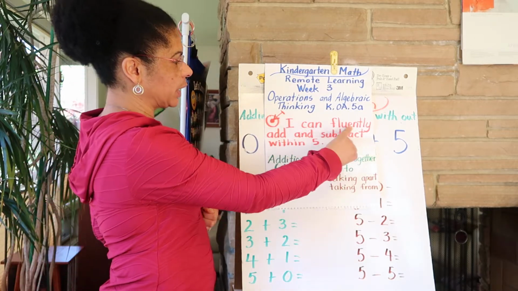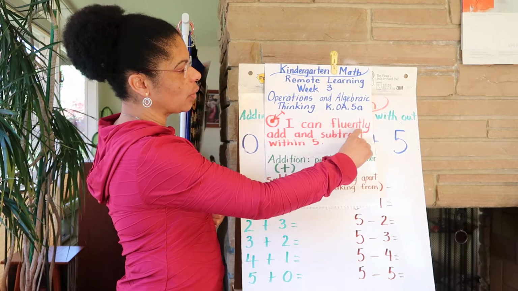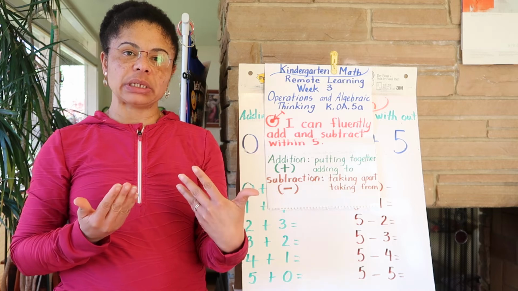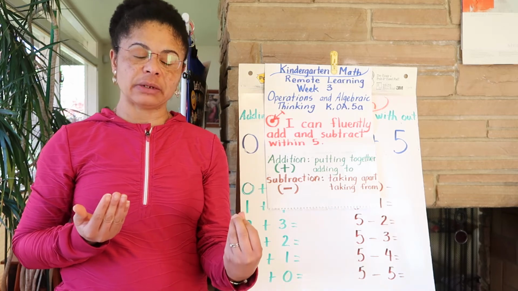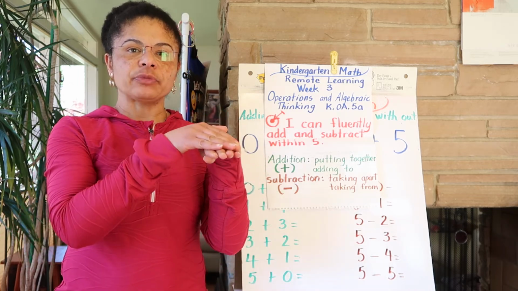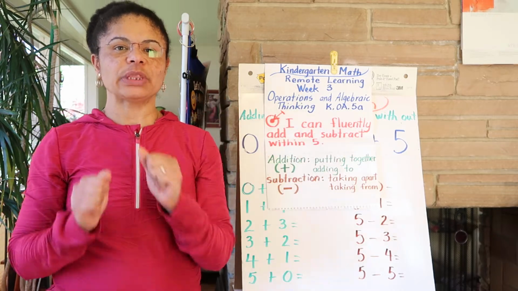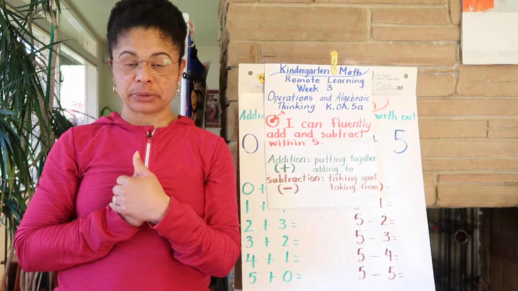But the key word in this standard is fluently. Fluently, just like we use that term in reading, is doing any activity very smoothly without any bumps on the road.